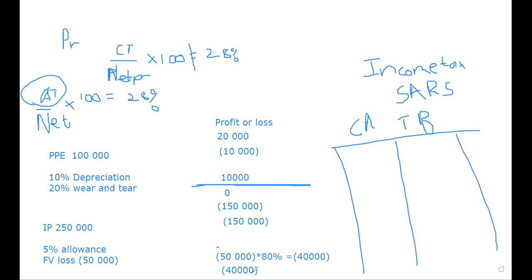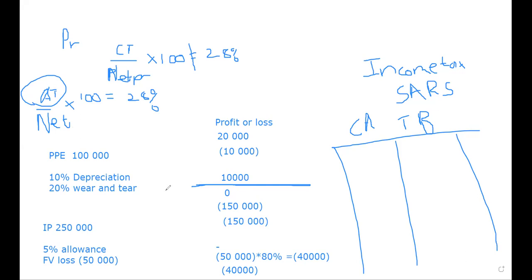So don't forget that these things are temporary differences. So when you account for them in your journal entries, don't forget to multiply it by the statutory rate. So the 28%, or 27% if they say 27%. I'm just using 28% because it's the statutory rate.